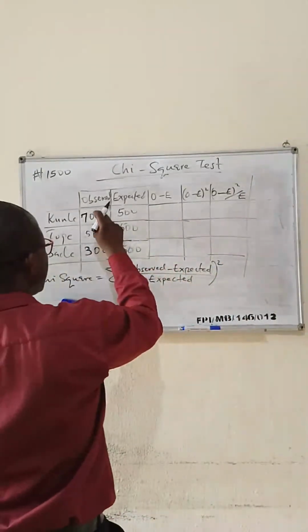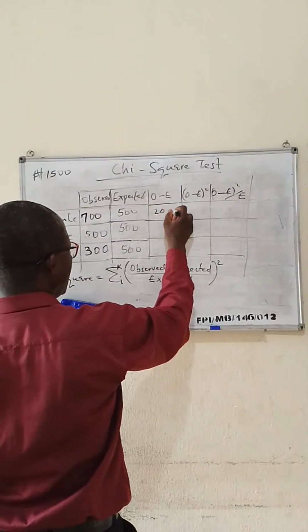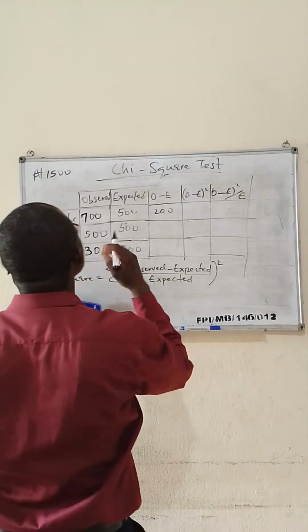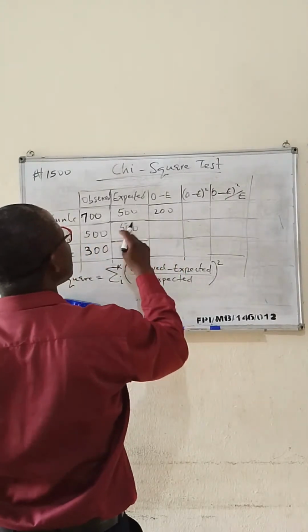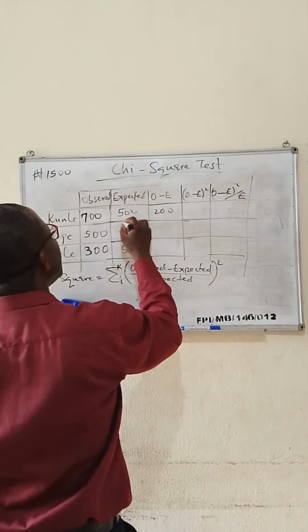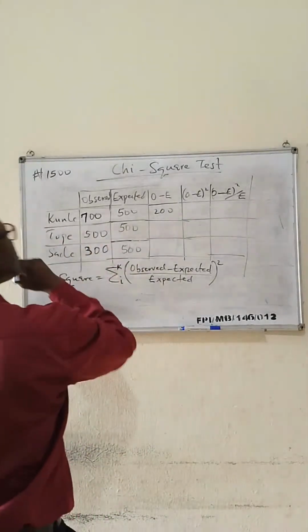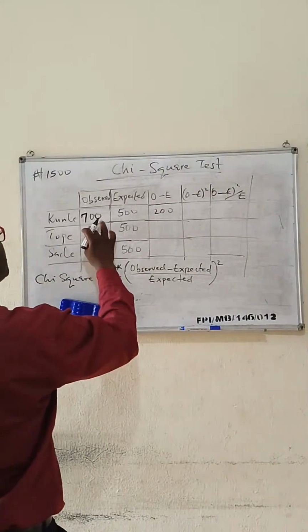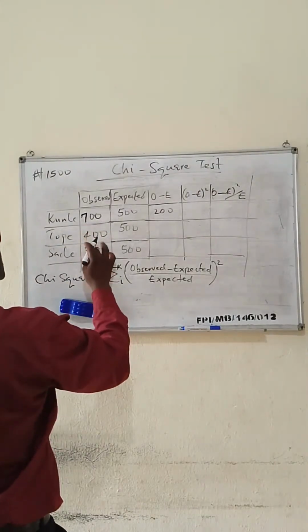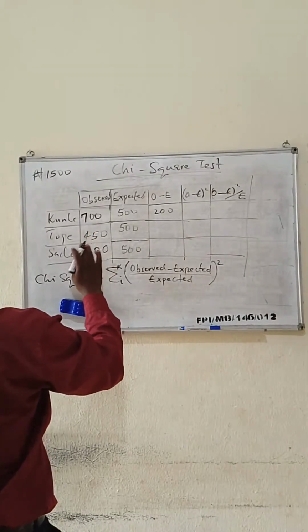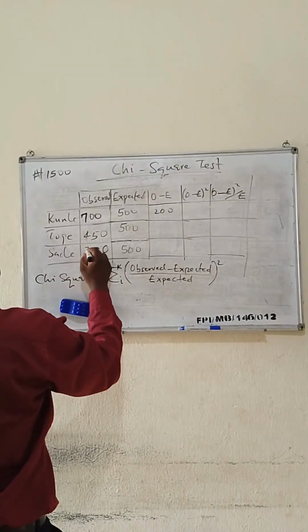So O minus E: 700 minus 500 is 200. 500 minus 500 will give us 0 anyway. Maybe I should change it from 0, I don't want a 0 value. Let me give it 400, then 450, and then 350.